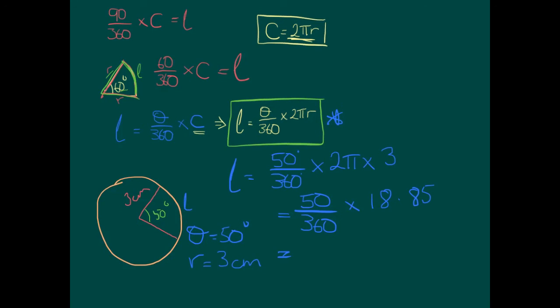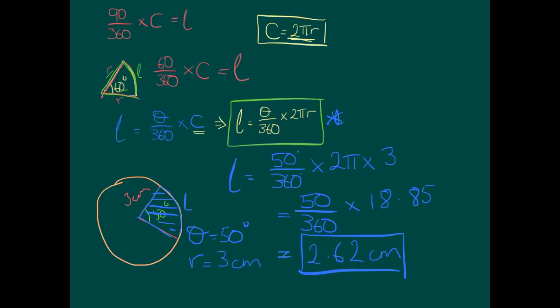If we multiply that whole thing together, we get approximately 2.62 centimeters. So now we know that the length L of a sector with a radius of 3 centimeters and an angle of 50 degrees is 2.62 centimeters.